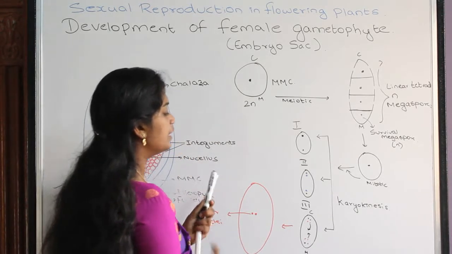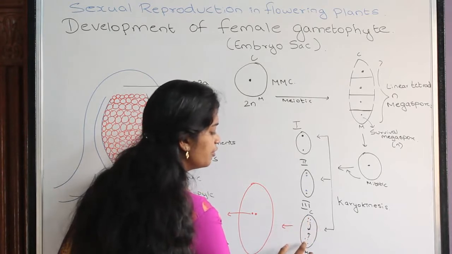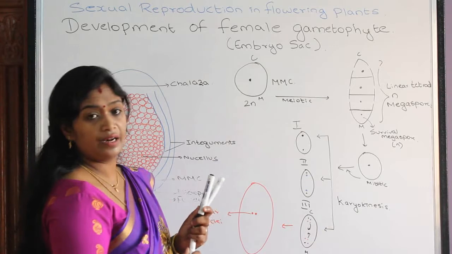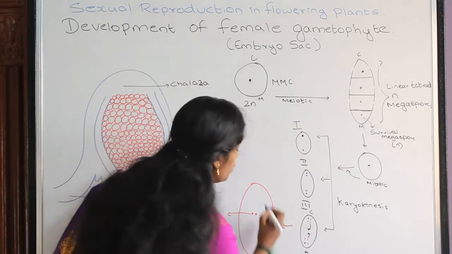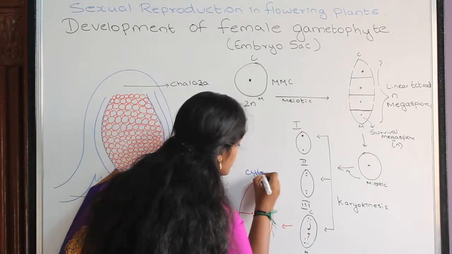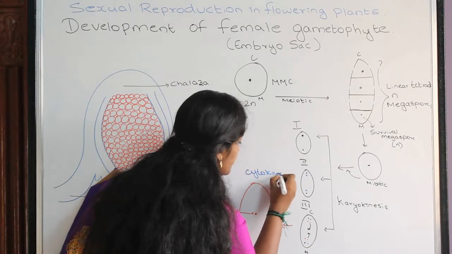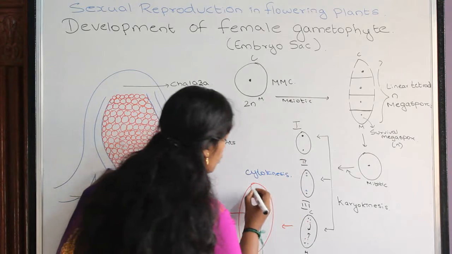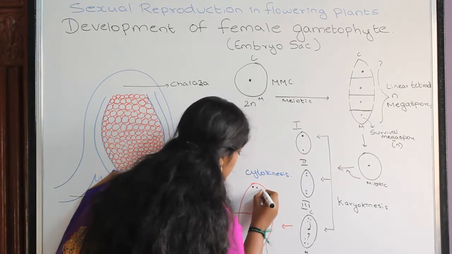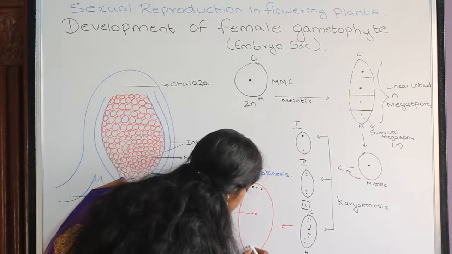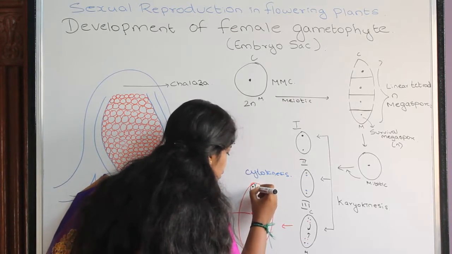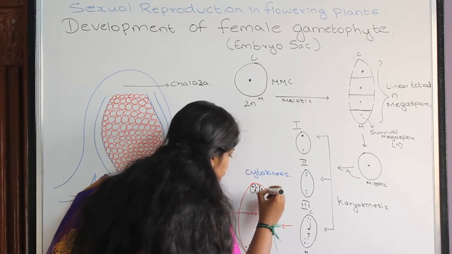Now the remaining 3 nuclei in the chalazal region and the remaining 3 in the micropyle region undergo cytokinesis. Now we have 3 cells here and 3 cells here. Cytoplasm develops around them and they form cells.